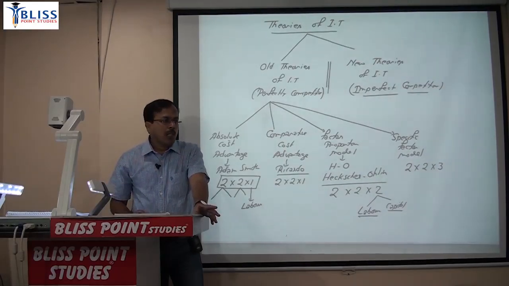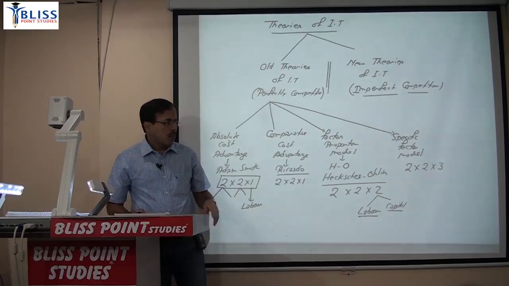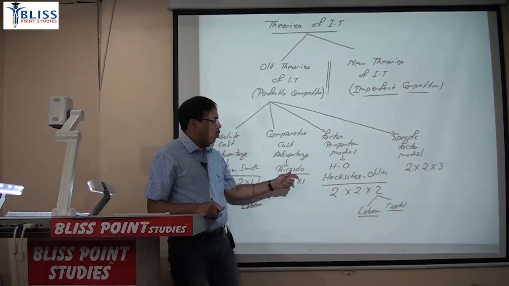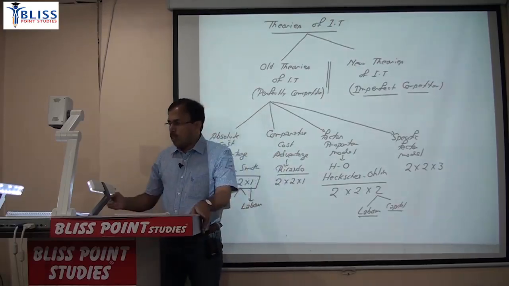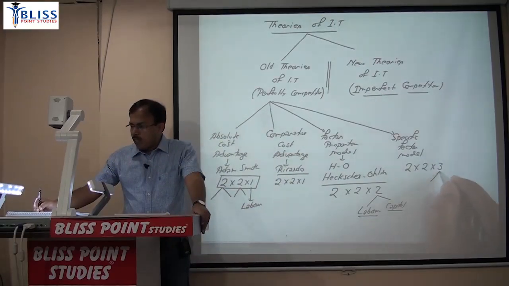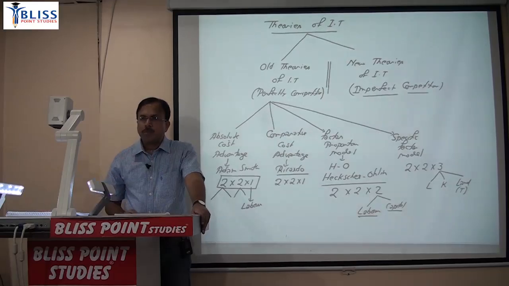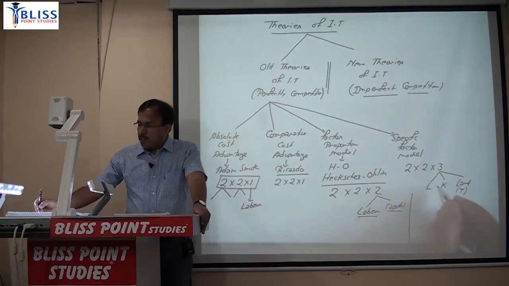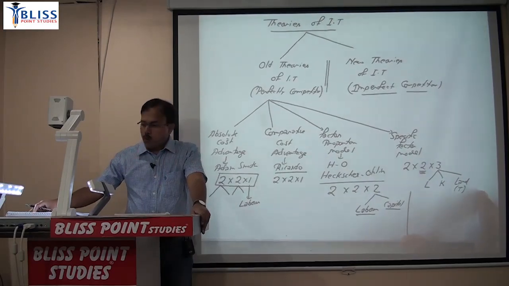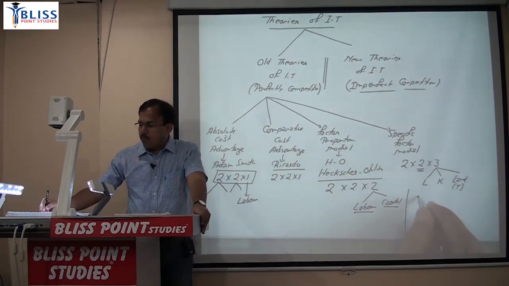Pay attention to the progression, what you are modifying. You will start with one factor, then you will move to two factors, and third you will move to the three factor model. So now there are three factors of production, labor, capital and land, which we denote by T. These three factors of production are used to produce two commodities. Suppose the two commodities we consider are cloth and food.